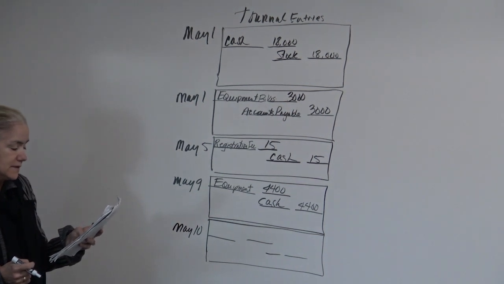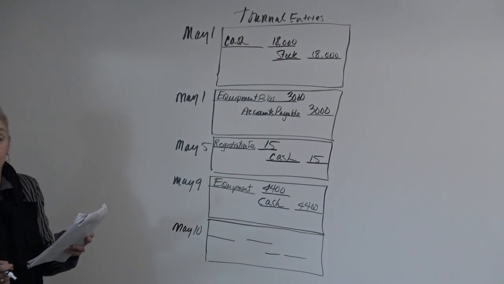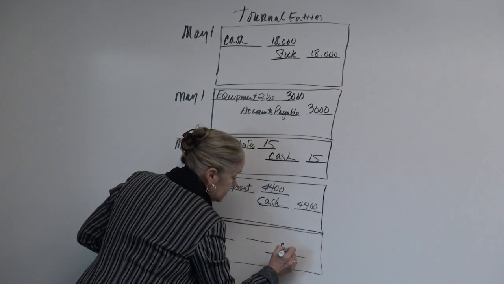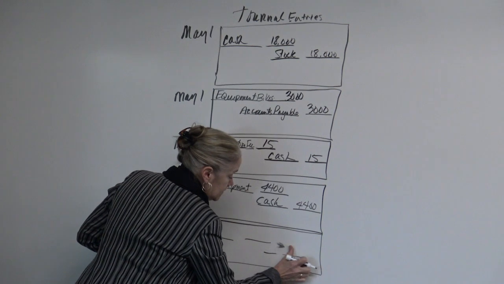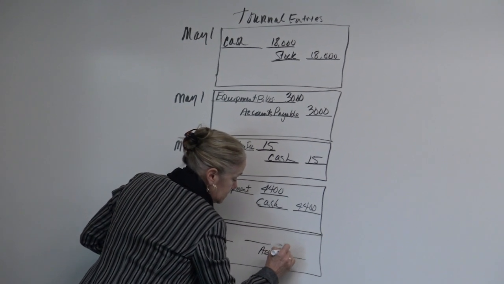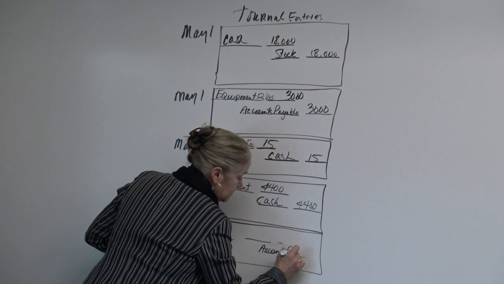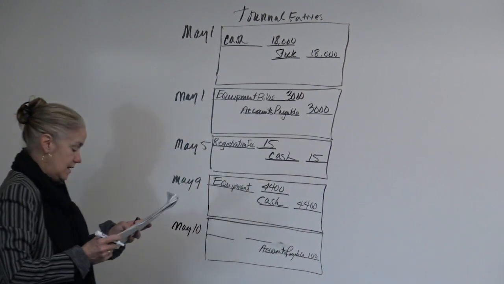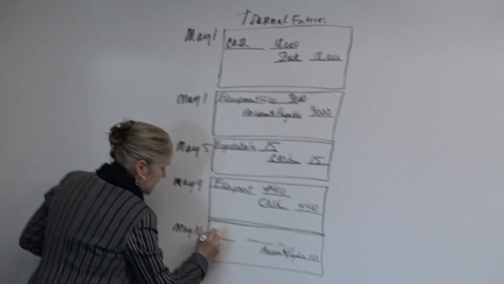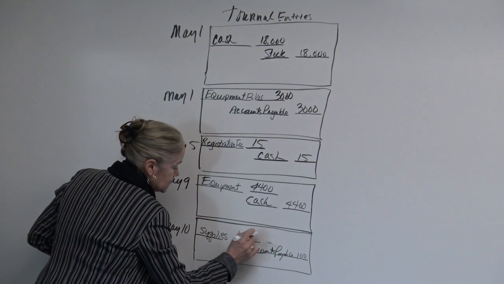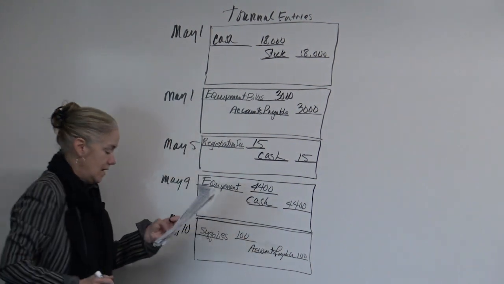The company has 30 days to pay for the supplies, so therefore that would be a credit to accounts payable for 100. Okay, and we are debiting supplies for 100 as well. Okay?